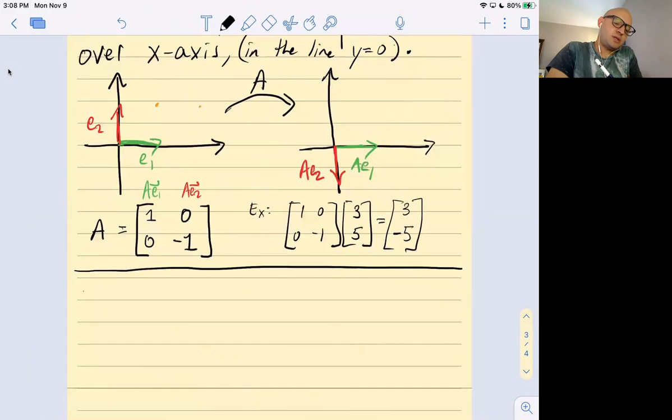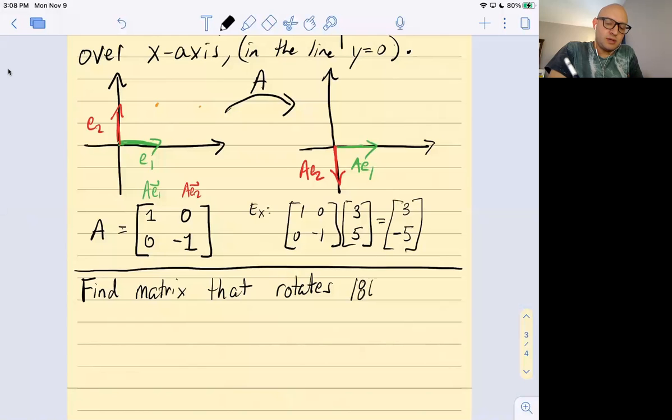Find the matrix that rotates 180 degrees around the origin counterclockwise.